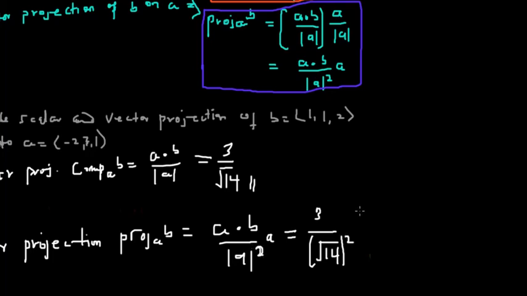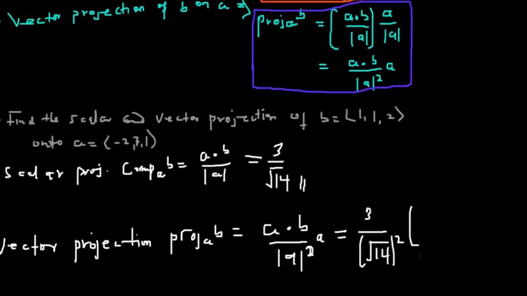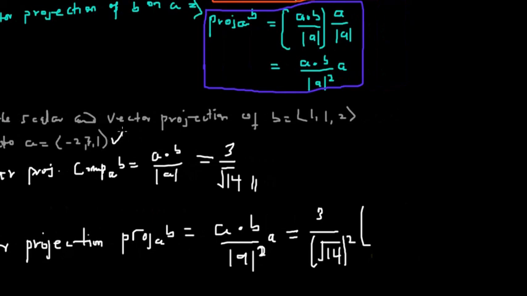Okay, and then you introduce your A. This is your A. That's minus 2, 3, and then 1. Okay, so we write it in I, J, and then K. So you have minus 2I plus 3J, okay, and plus K.